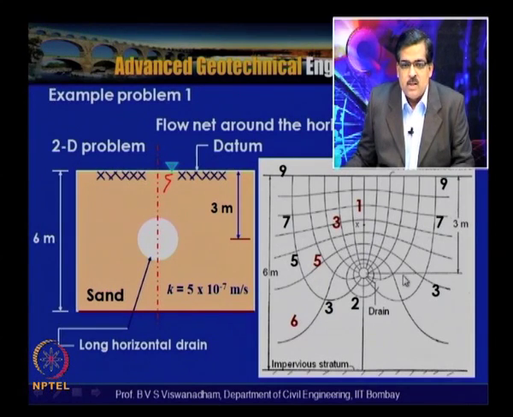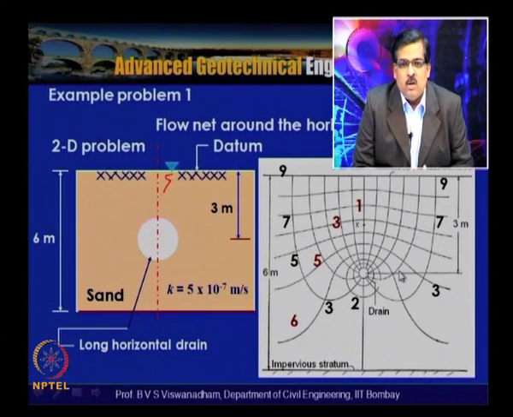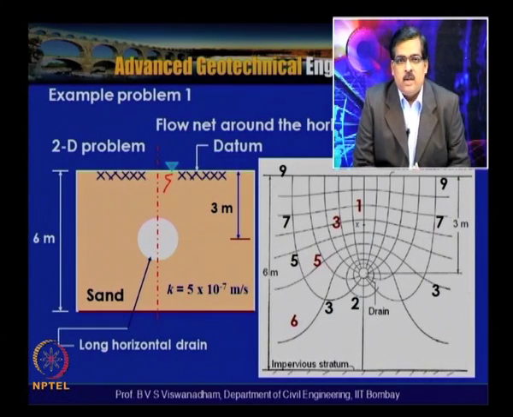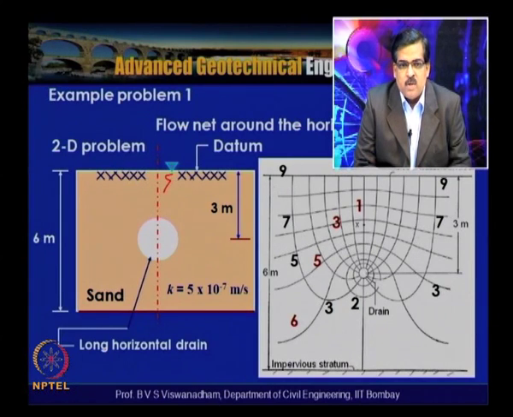With this, we will be able to calculate the discharge and the seepage velocity, and if we know the elevations, we will be able to calculate the pore water pressure at different points.